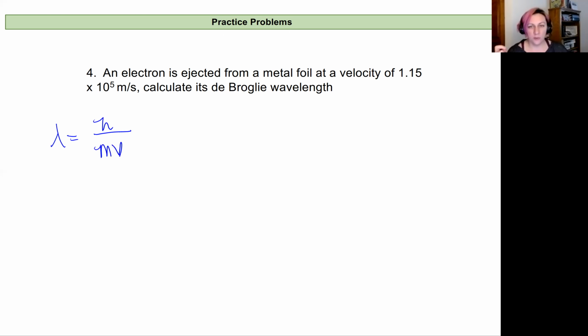And we know that if we have an electron ejected from a metal foil, the amount of energy it absorbs from light that exceeds its binding energy will dictate the amount of kinetic energy it has. And so that will impact its velocity as it travels away from the atom. So we know that we have a velocity equal to 1.15 times 10 to the fifth meters per second, pretty fast. And we want to know what is that wavelength, the de Broglie wavelength, for this particle.